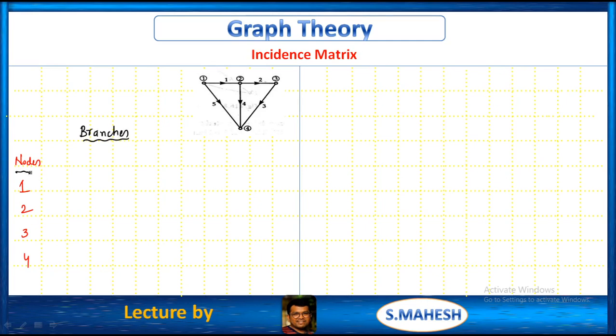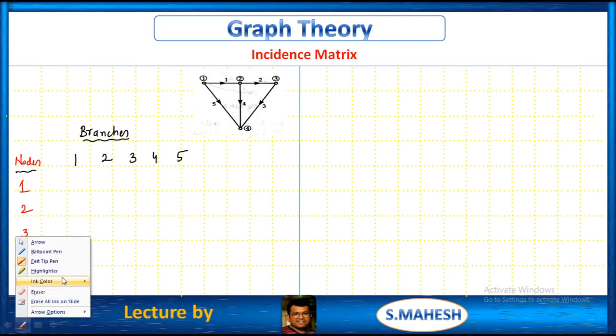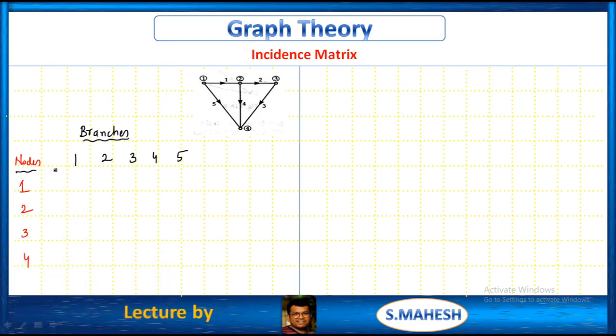Branches: this is first column, second column, third column, fourth column, fifth column. Okay, that's it. This is the 4 by 5 matrix.